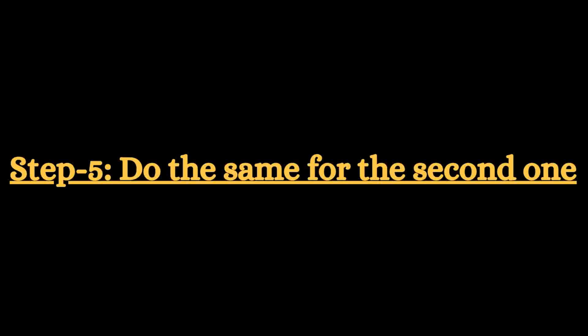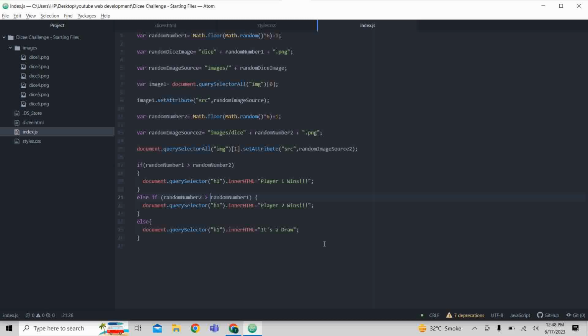So just let me take you to our sixth step. We are done with the fifth step, in which we did the similar thing for the second dice image. Now it's our last or sixth step, that is to display the winner's name. And for this I'm going to take you back to the Atom where we will do that.